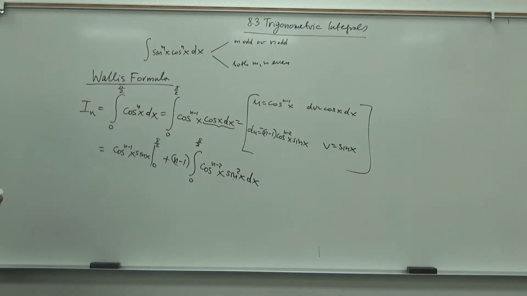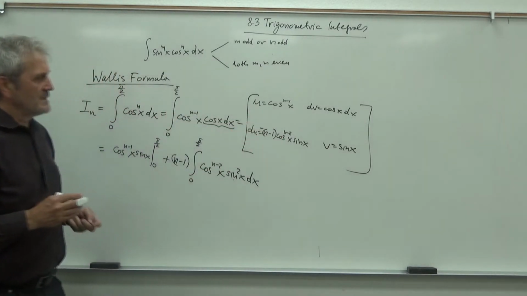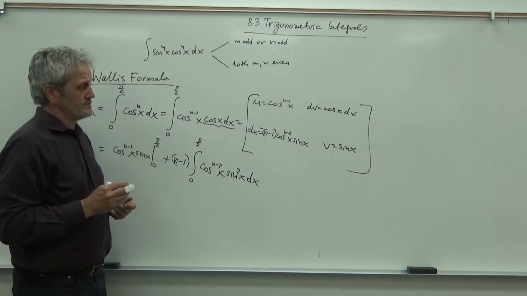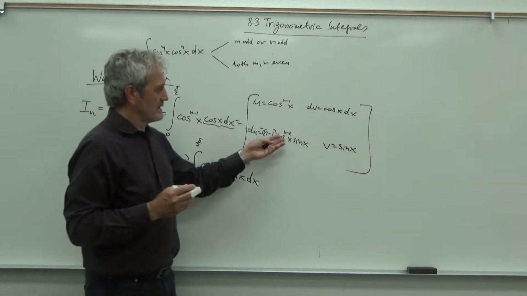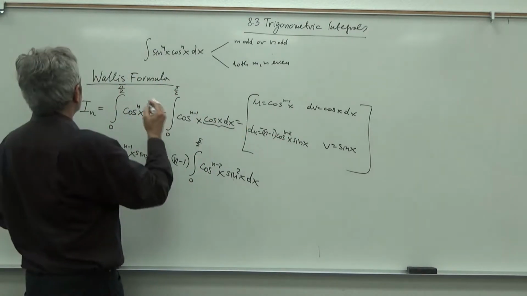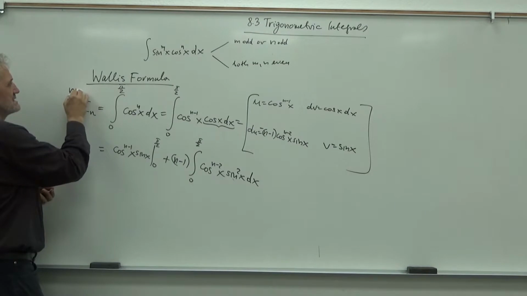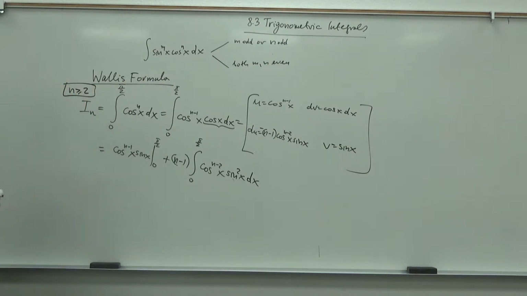Actually, I was a little bit careless here. Why? Because this calculation is absolutely valid if n is greater than or equal to 2. Because if n is 1, then you get something like a 1 over cosine. So for all this calculation, n has to be greater than or equal to 2.